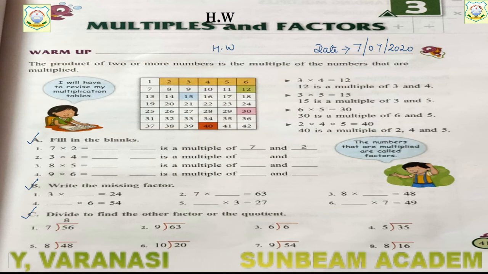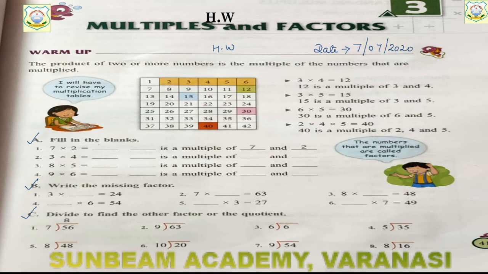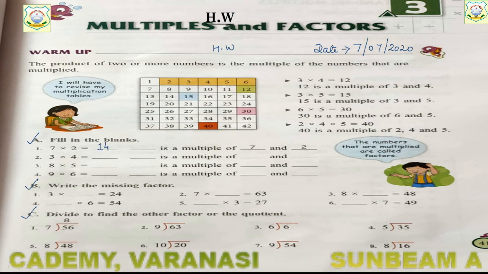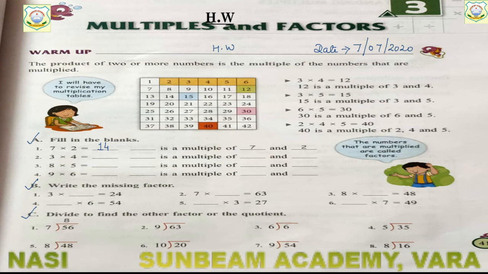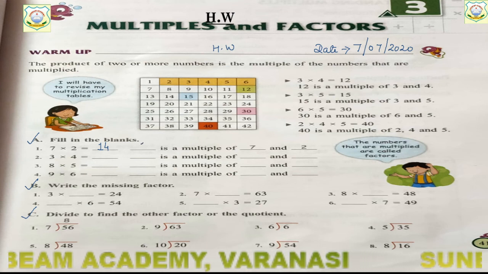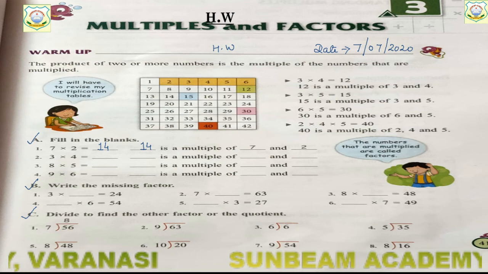So first we have to multiply these two numbers. 7 multiplied by 2 is, yes, 7 2s are 14. So first we will write here 14, and then 14. I have told you product is the multiple. So this is the product. So what we will write here, 14 is a multiple of which numbers? 7 and 2.